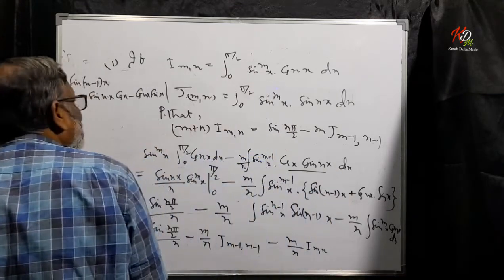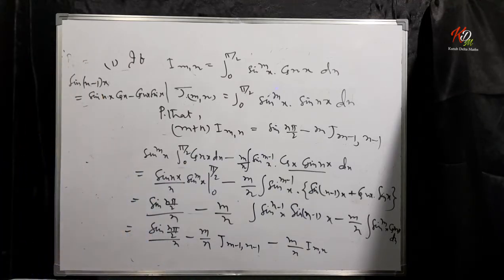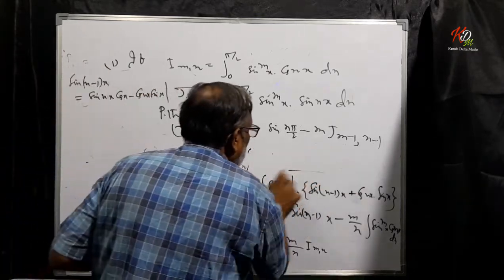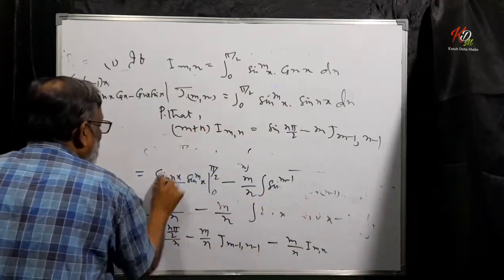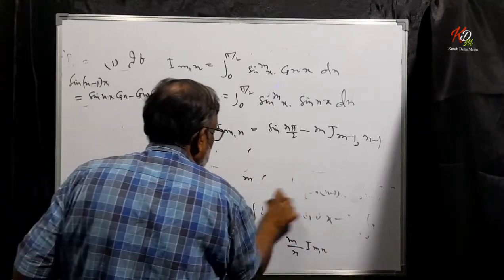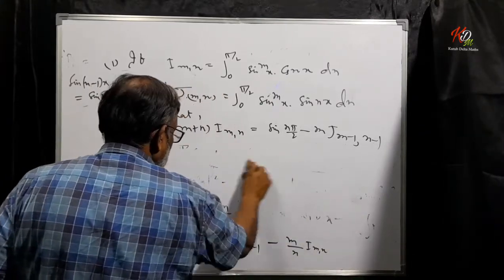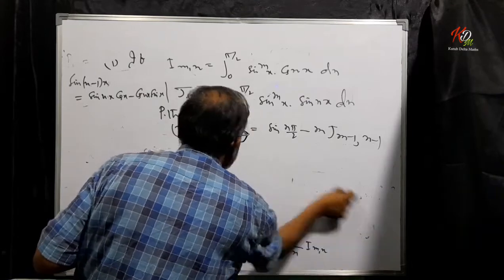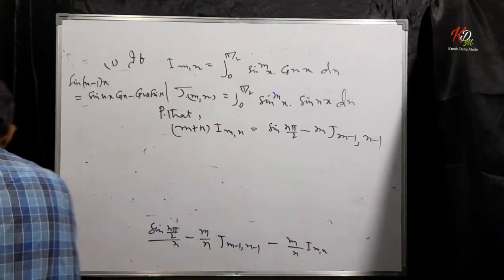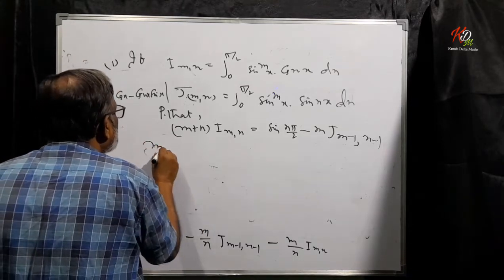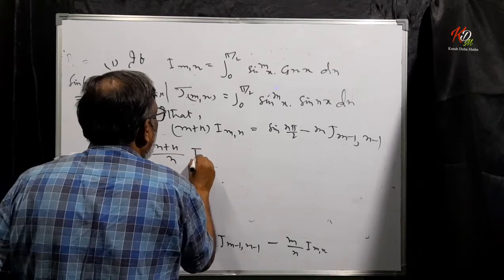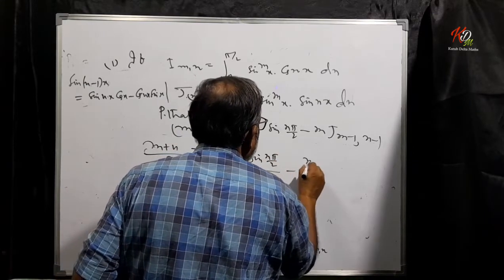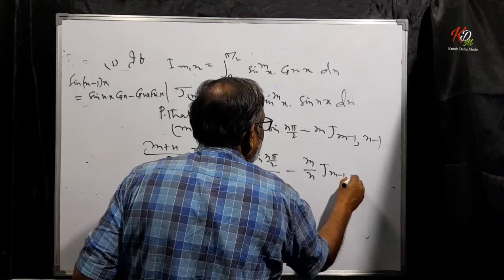So the final result, after transposing, will be m plus n by n I m n equals sin n pi by 2 by n plus m by n J m minus 1 n minus 1.